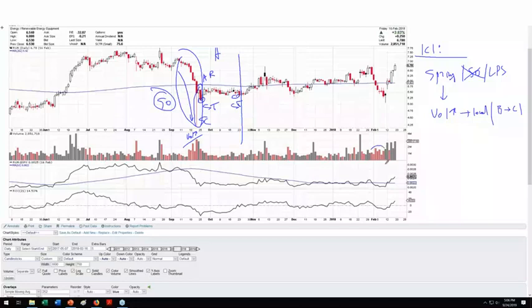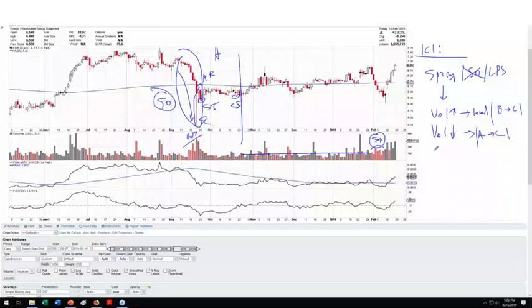Yes, we have some increase in supply relative to phase B supply, on average. Okay, and then we would also say that the volume would decrease from phase A to phase C, right?